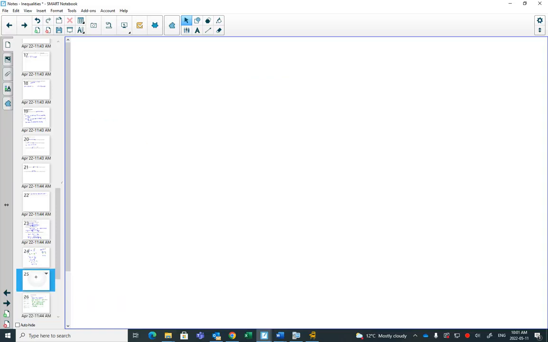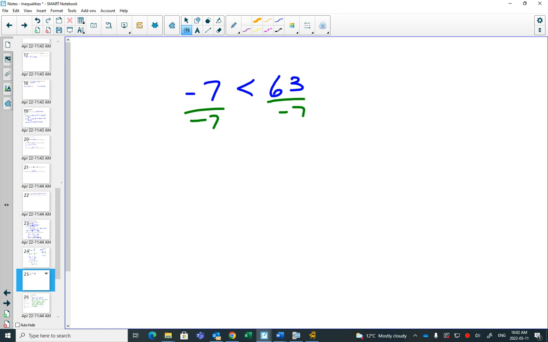And check it out. Everybody agrees that negative 7 is less than 63. However, if I were to divide both sides by a negative number, what is negative 7 divided by negative 7? 1.